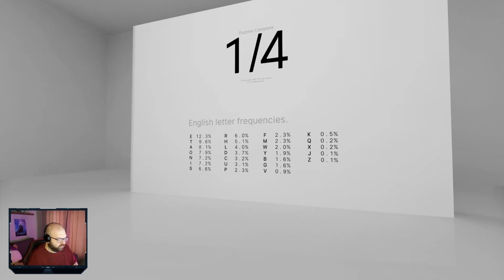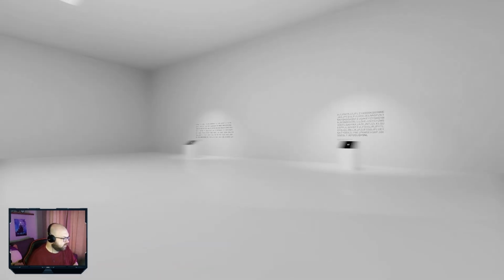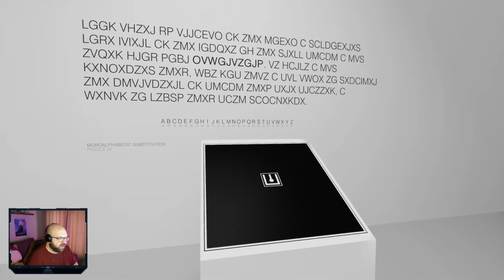Could we conclude that C equals E, because C is the most? 18 is the highest number, isn't it?